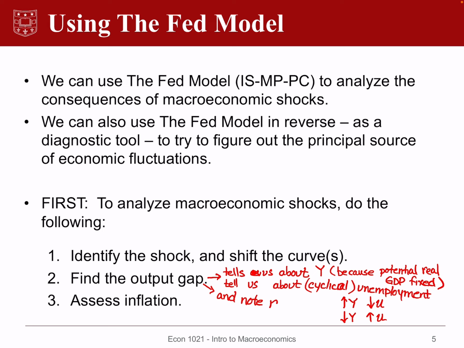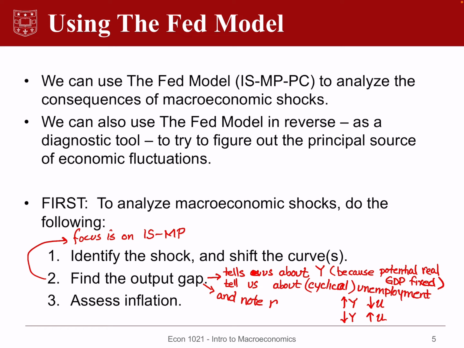So in this step, our focus is on the IS and MP curves. And so either the shock was something financial related, in which case the MP curve shifts and there's a new interest rate, or it's something that is shifting the IS curve or the Phillips curve, and in those cases, there is no change in the real interest rate, as we'll see.